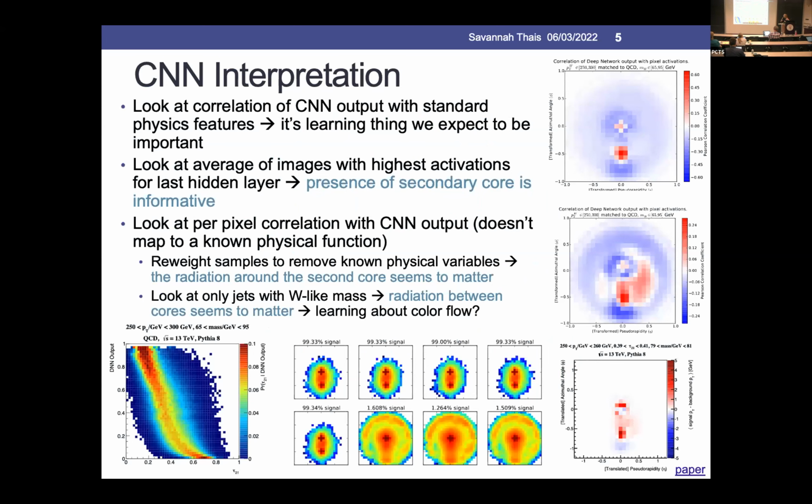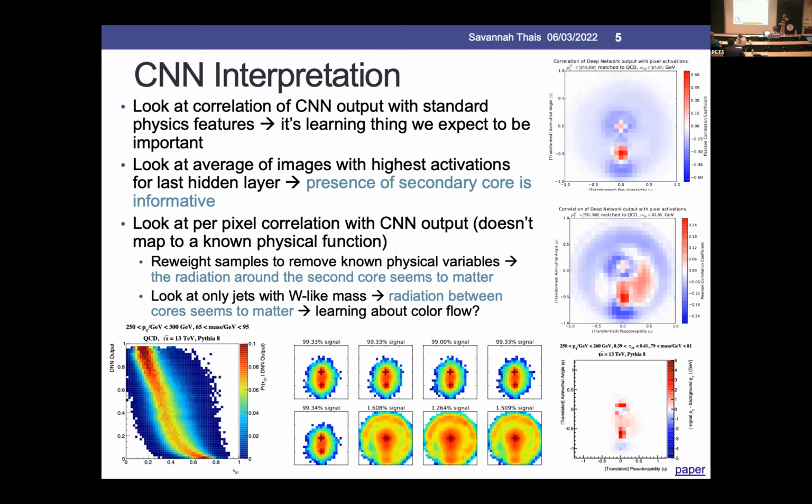So here I'm showing first a CNN image-based example, because this has a bit more work than in the GNN applications. Here, we're doing this jet-image-based jet tagging approach with CNNs, and you can look at the different factors of the CNN architecture itself to try to do some kind of post hoc interpretability.